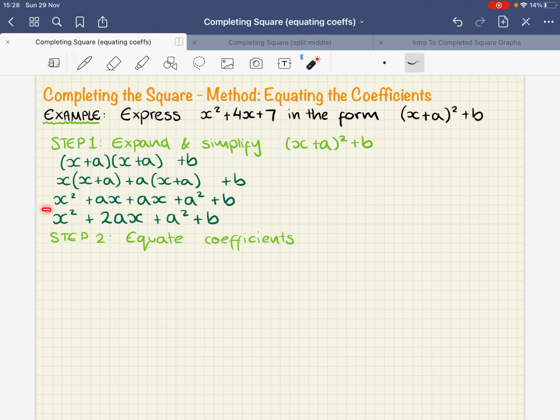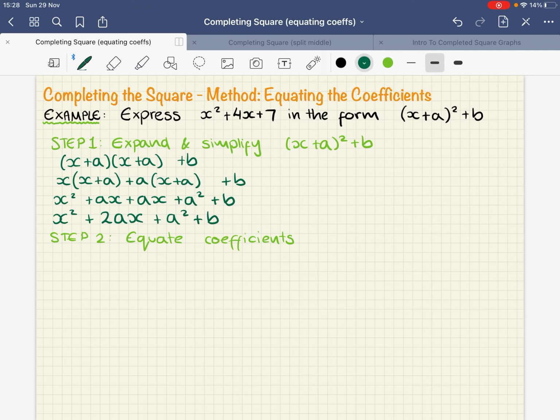So my first coefficient is 1. My next coefficient is this plus 2a. And then my last coefficient is this plus a squared plus b. And these are all going to relate to our original equation.